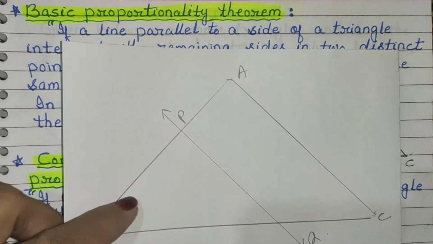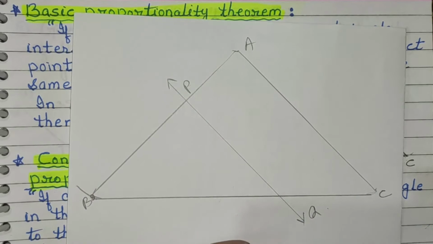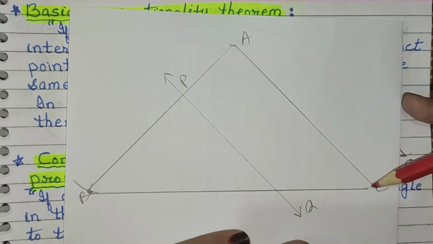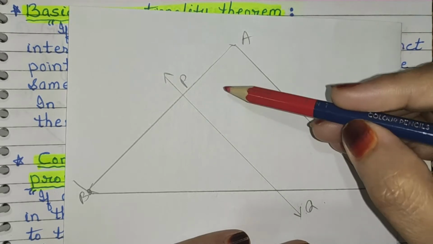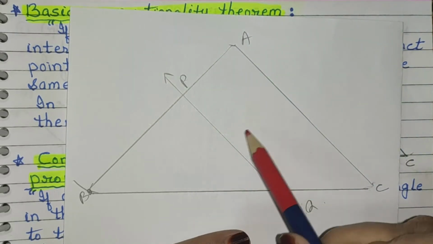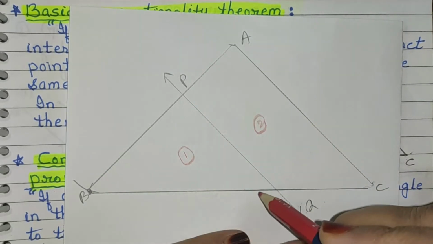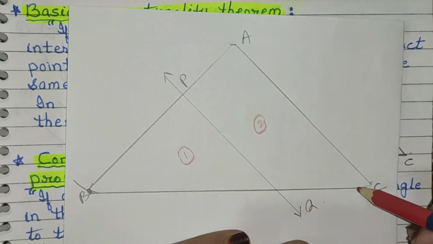Now look at here. It is another triangle ABC. Here line PQ is parallel to side AC. It divides the triangle into two parts, the first one a triangle and the next one a quadrilateral.